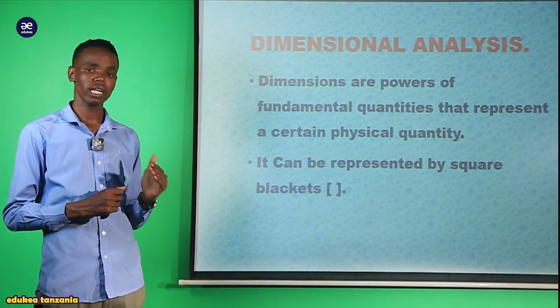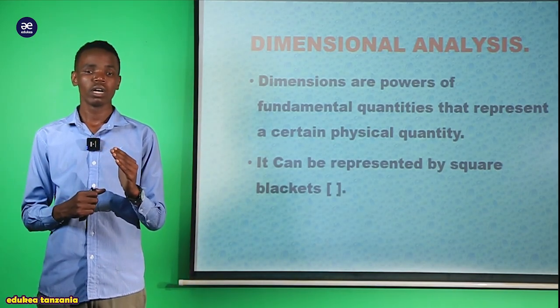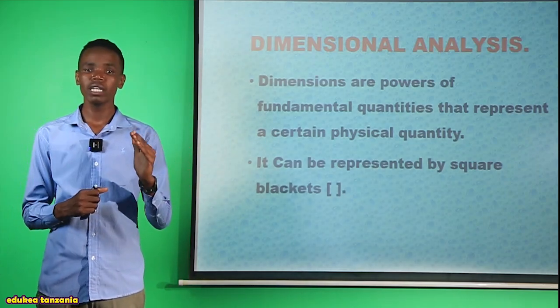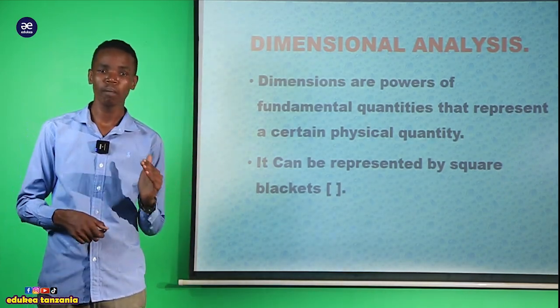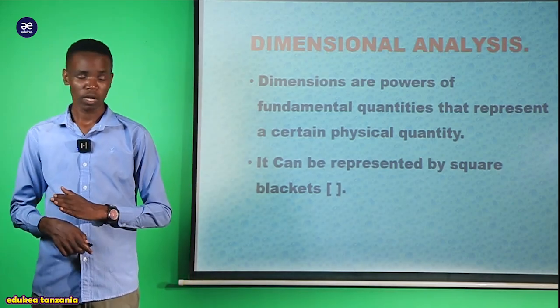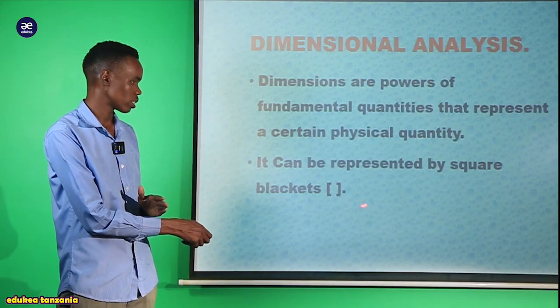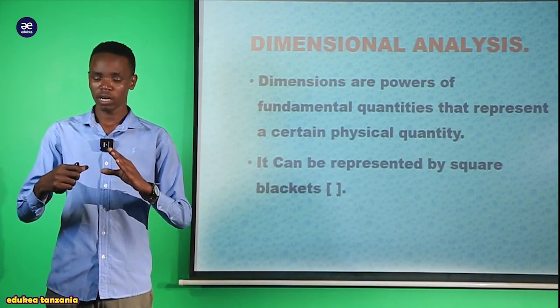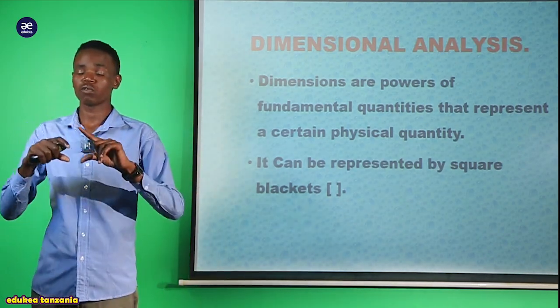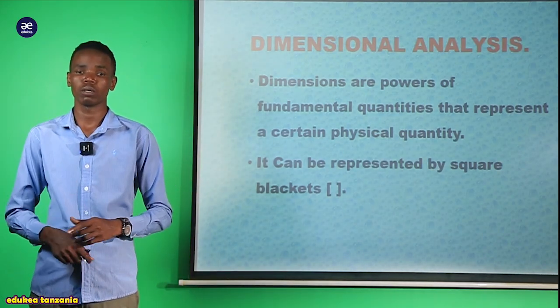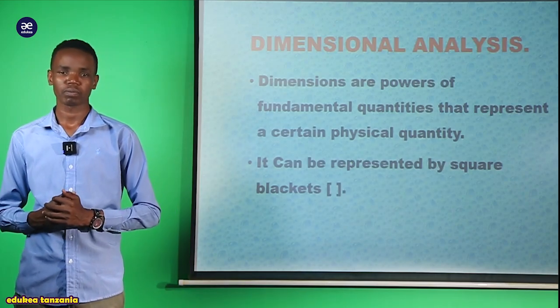You can answer by saying that the dimension, my dear student, can be represented using the square bracket. Its symbol is like this one. Tunatumia hizi square brackets for aims of expressing the dimensions.